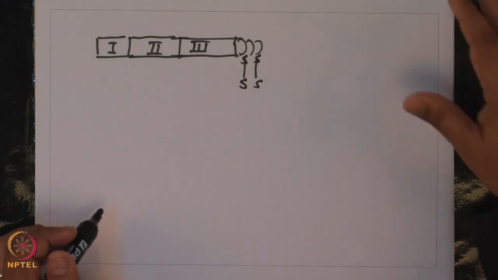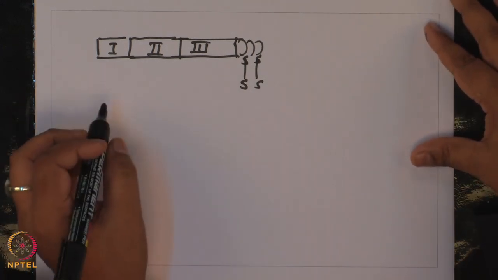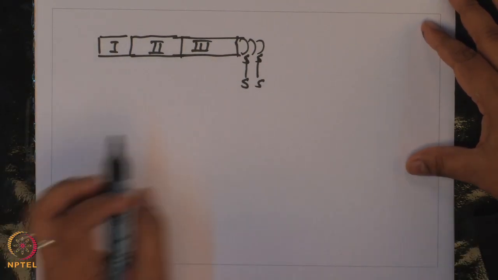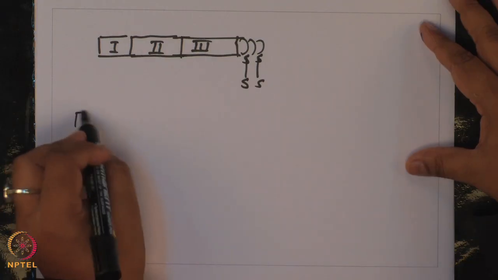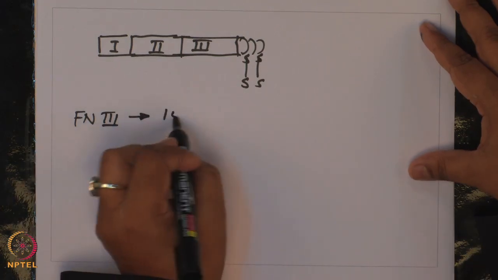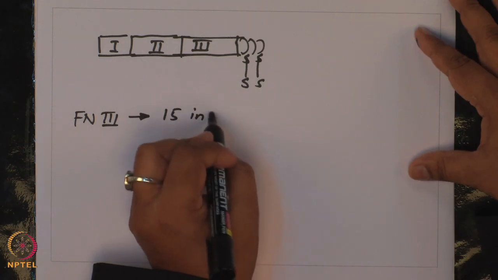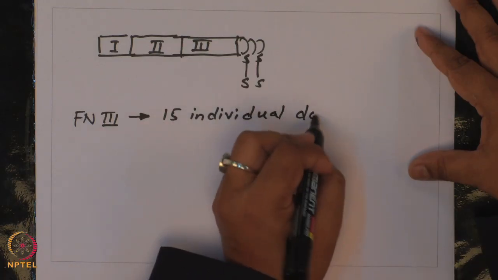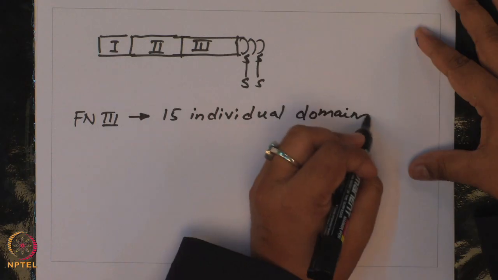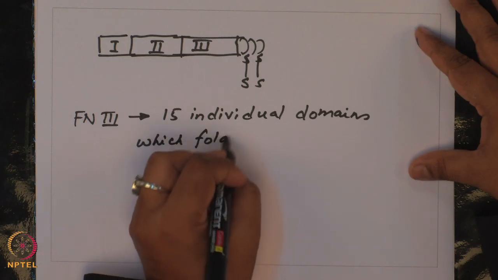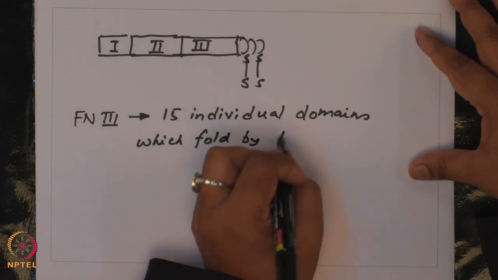Many of the bindings, if I particularly look at this module FN3, FN3 has 15 individual domains which fold by themselves.